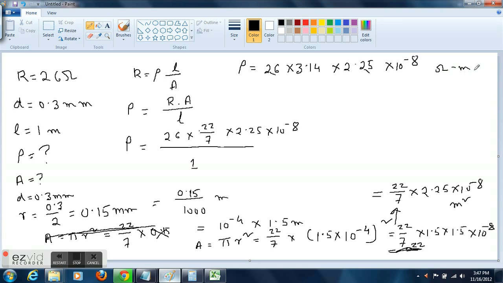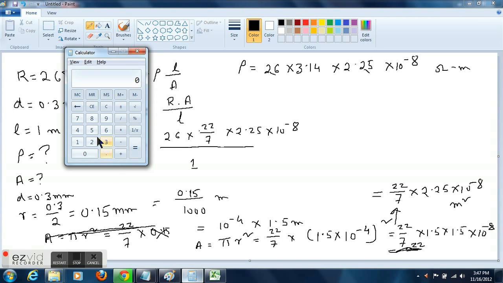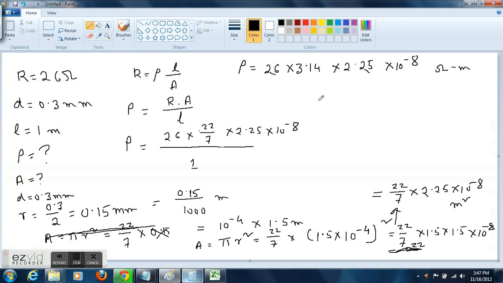Now, 26 into 3.14 into 2.25 will be equal to 183.69 into 10 to the power minus 8 ohm meter. So this is the value of resistivity of the metal at 20 degree Celsius.